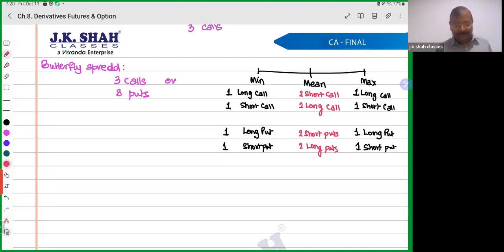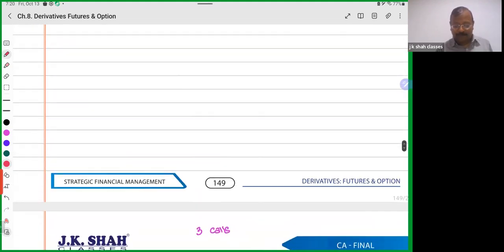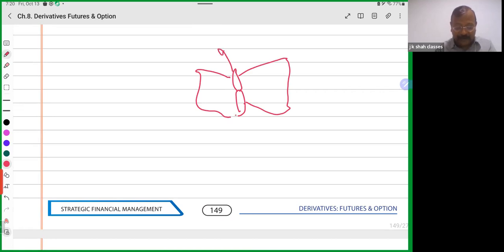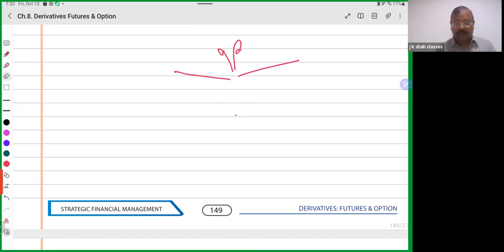Now, if you notice this, a rough drawing. This is my butterfly. And remember, I'm not really concerned with this portion. I'm only concerned with this part of the butterfly.